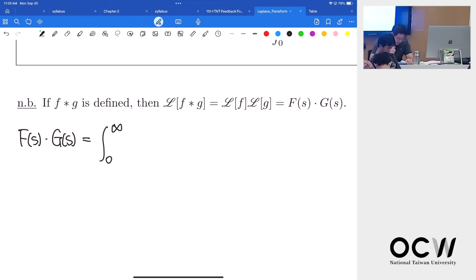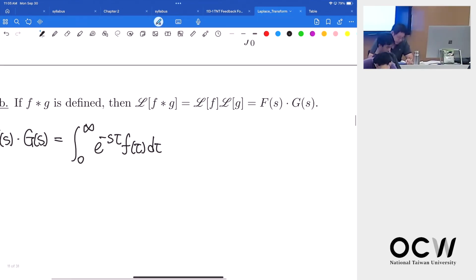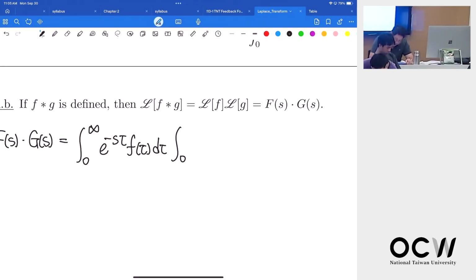Integration from 0 to infinity, e to the minus s tau, f of tau, d tau. And then G(s), integration from 0 to infinity, e to the minus s, this time not tau, we use a different dummy variable, beta, g of beta, d beta.